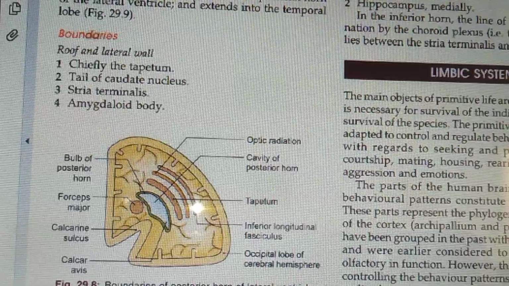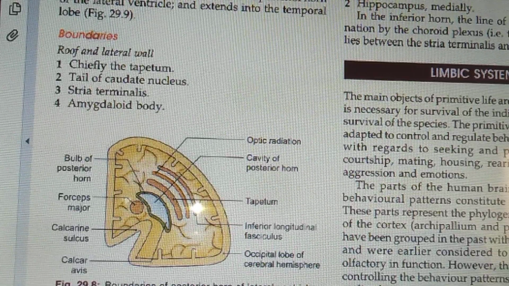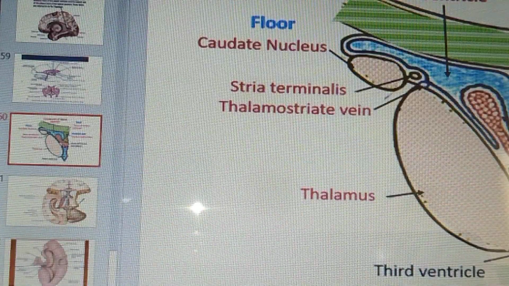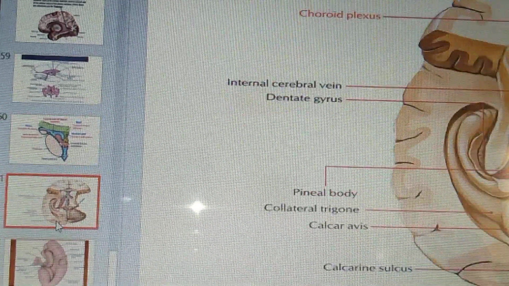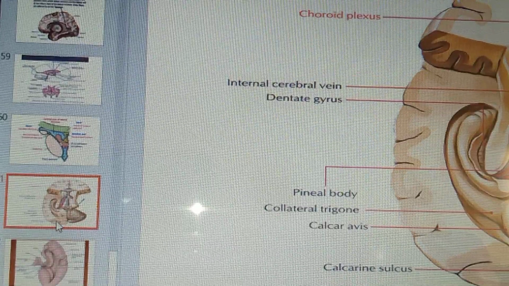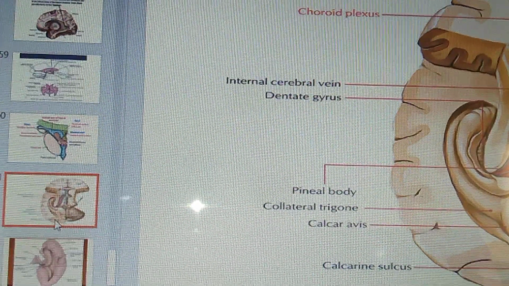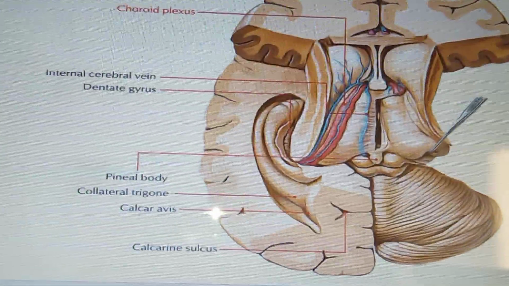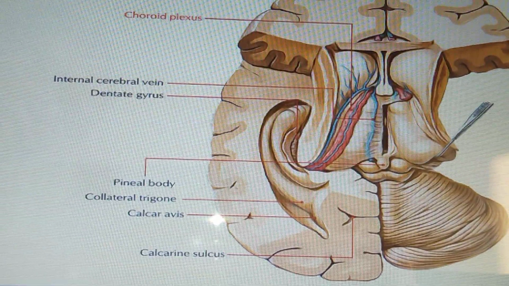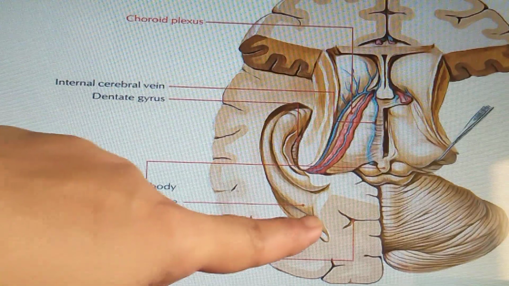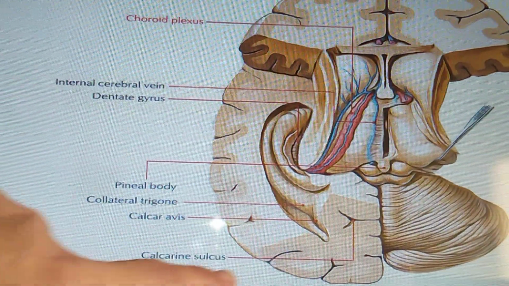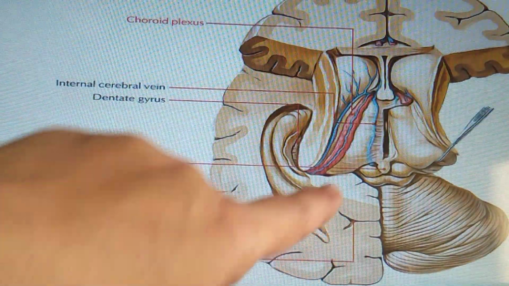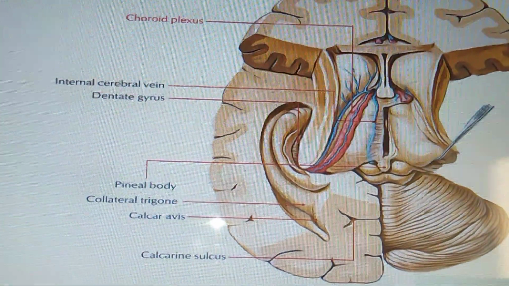We can see one more diagram to understand it better. Here in this diagram you can see this is the calcar avis, right, and this is the calcarine sulcus. This calcarine sulcus is producing the calcar avis.